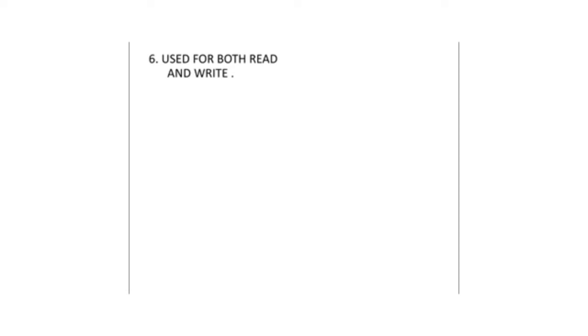Okay, that means RAM is used for both read and write. Whereas ROM is used only for reading. In ROM, suppose we have saved any file, after some period of time we can only read it. We cannot change any data.